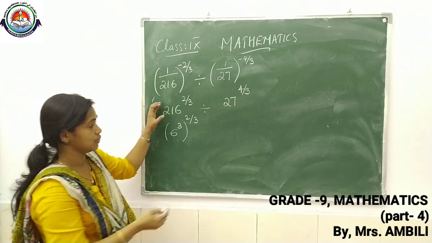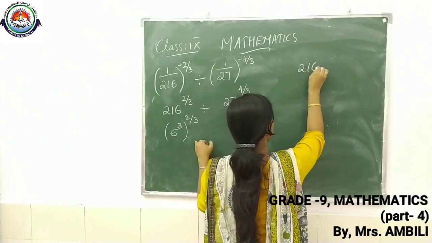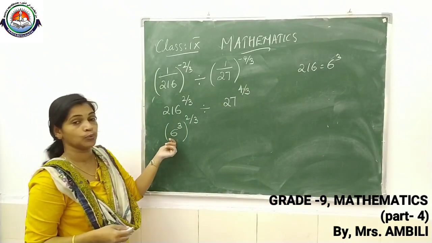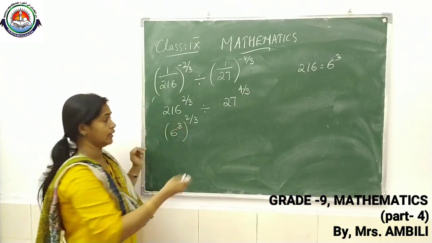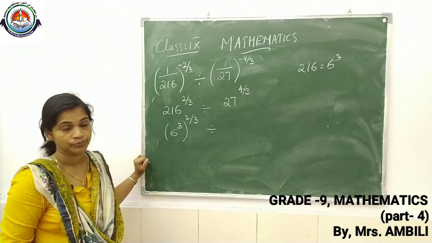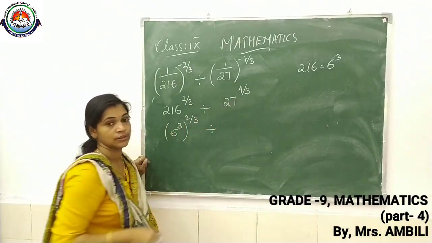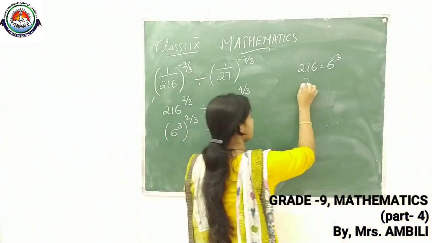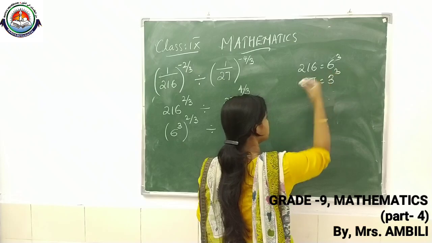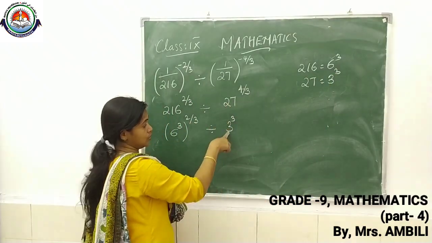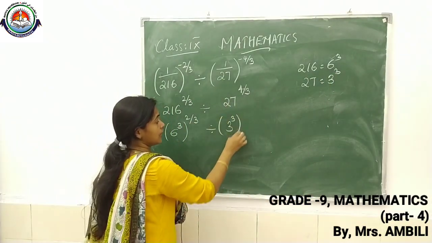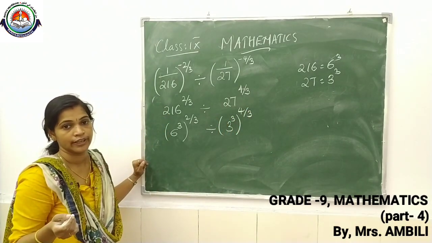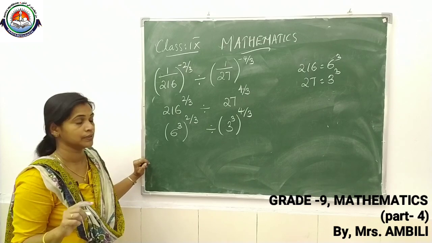So 216 equals 6 cube, that I wrote here, 6 cube raised to 2 by 3, divided by next 27. 27 we can write as 3 cube. 27 equals 3 cube. So 3 cube raised to 4 by 3. Clear? Understood this step? Okay.